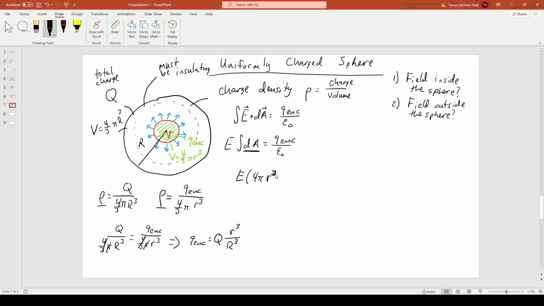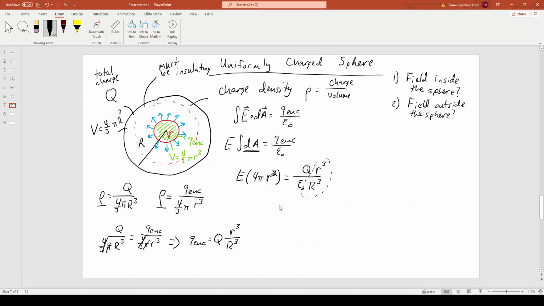Remember, the surface area is 4 pi r squared, but it's over the Gaussian surface, so little r is my radius. And this is going to be equal to Q r cubed over epsilon naught R cubed. Maybe we should write it like epsilon naught over R cubed, and that kind of keeps this ratio in sight. Okay.